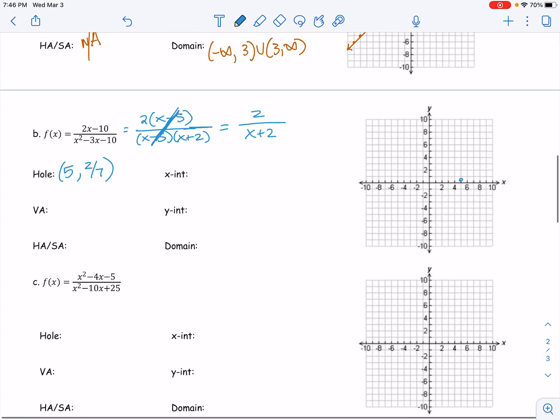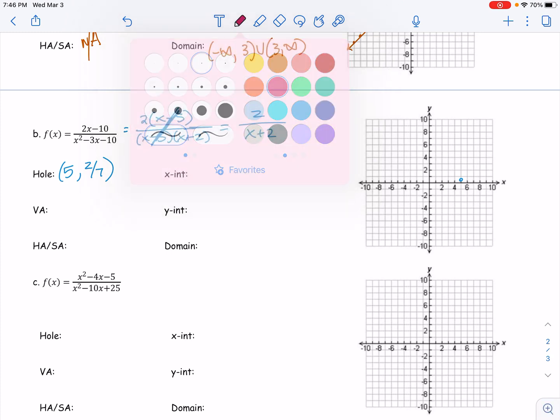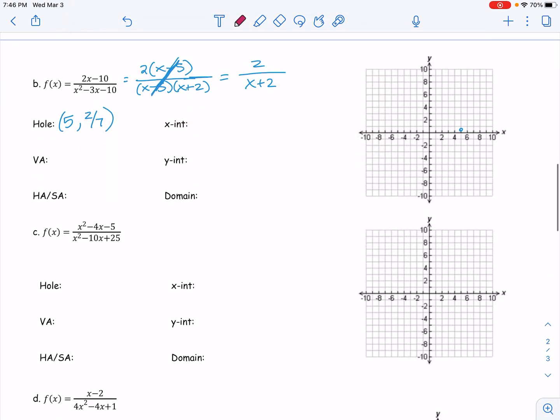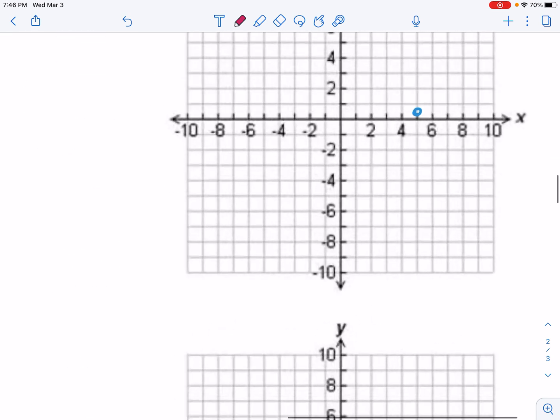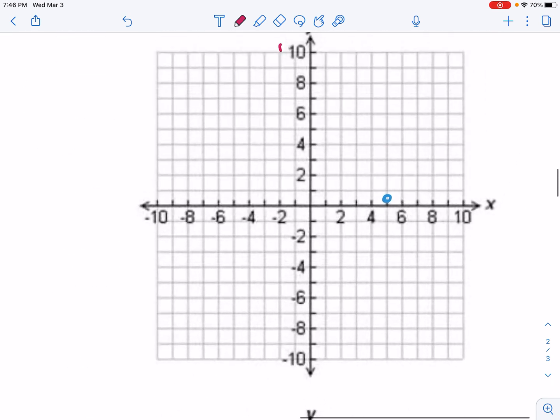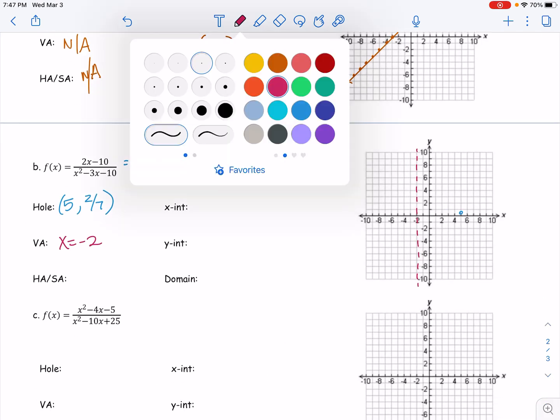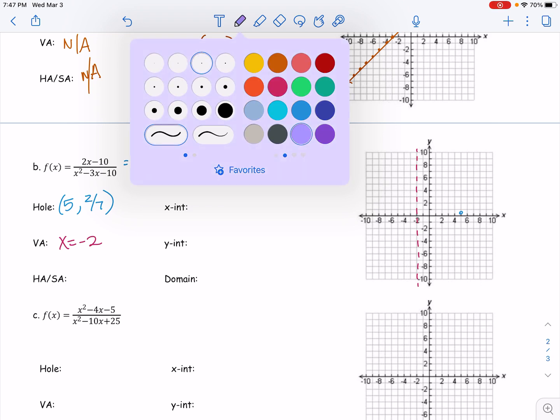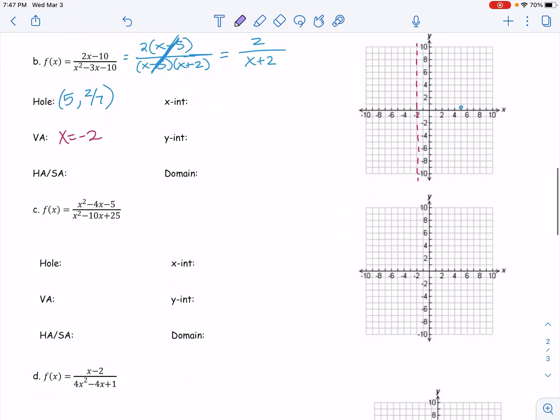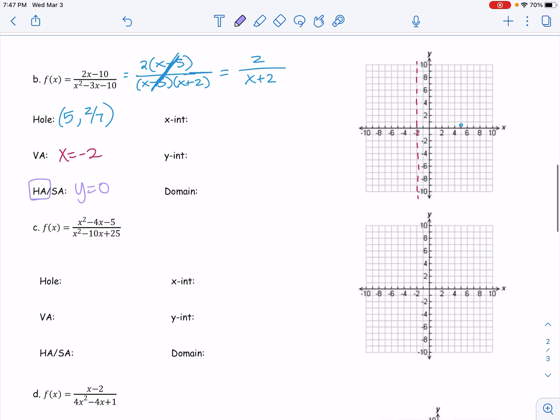Okay. Vertical asymptote. I set my denominator equal to 0, so x is negative 2. So I can go ahead and graph that. Okay. Do I have a horizontal or a slant asymptote? This one is bottom heavy, therefore that's y equals 0. Horizontal asymptote, y equals 0.